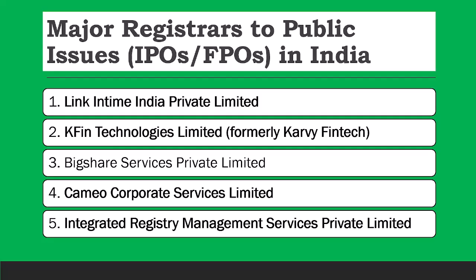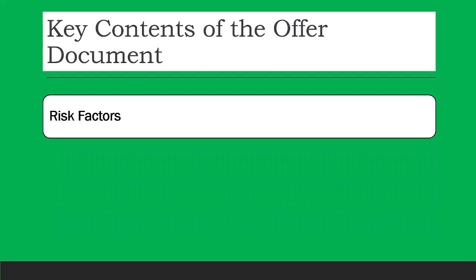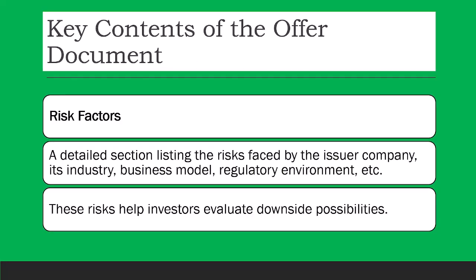So these are the top five registrars in India. The second one is called KFin, a very popular registrar. Earlier it was called Karvy. You might have heard the name Karvy. Of course, they were banned by SEBI for some irregularities they had done earlier, but it has come back with a new name. So these are the registrars. They help basically.